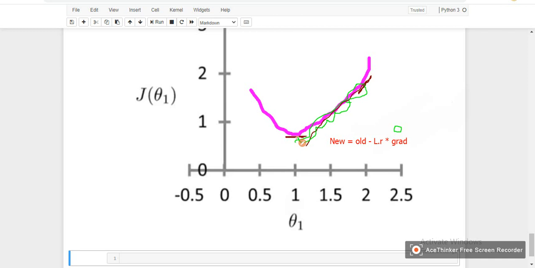After obtaining theta value equals 1, it won't change again, because the gradient at this particular point will be 0. So we'll get the theta value of 1 as the minimum value. That's how gradient descent works and finds the theta value and gets a better line that fits the data set.